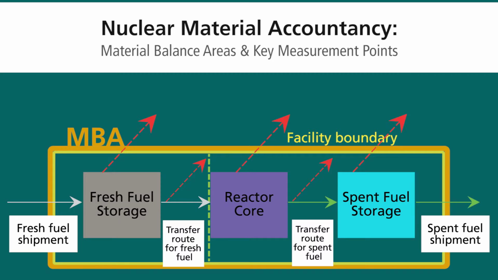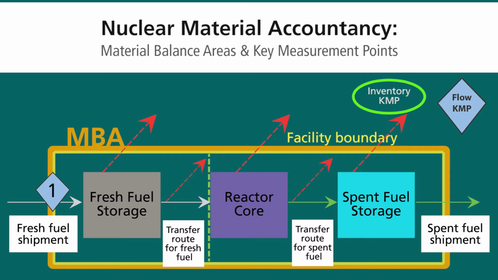There are two types of key measurement points we'll consider: flow KMPs and inventory KMPs. So the flow KMPs obviously go over the flow routes, so we're going to put one at the entrance to the facility where fresh fuel is coming in, a second one on the transfer route from fresh fuel storage into the reactor core, a third KMP from the reactor core to spent fuel storage, and as I'm sure you guessed, a final one at the spent fuel shipment route as spent fuel leaves the facility.